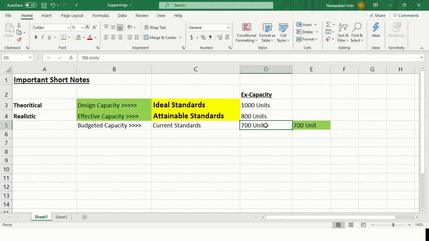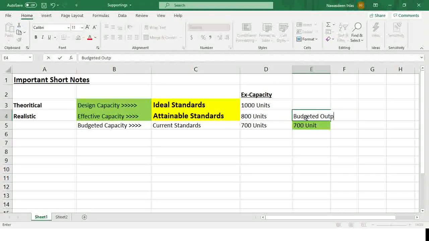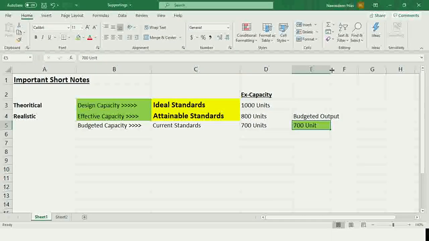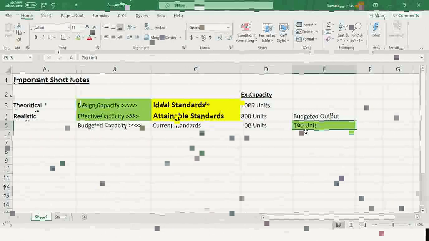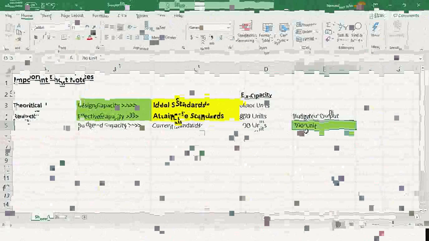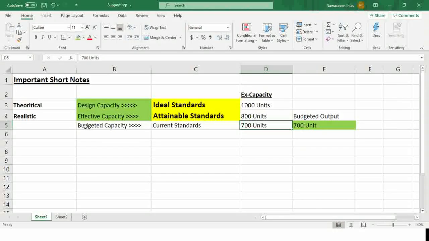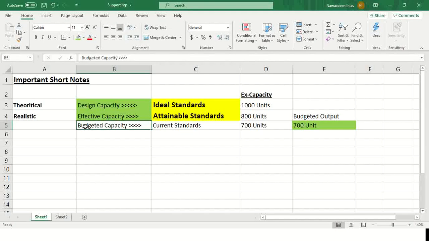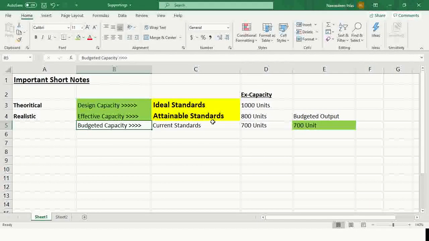Let's say there is no opening stock, which means to sell this 700 units we want to produce only 700 units. So budgeted output is 700 units. So our capacity requirement also 700 units. So budgeted capacity always depend on our budgeted output. To produce our budgeted output, what is the capacity level required? It is our budgeted capacity. So here in this example budgeted capacity will be 700 units.